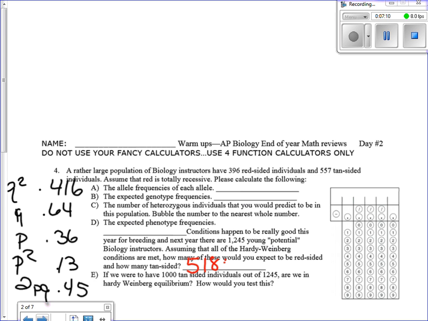You want about 3 digits in these numbers, unless they tell you otherwise. Okay, so what's the tan-sided? 727. Like the airline.